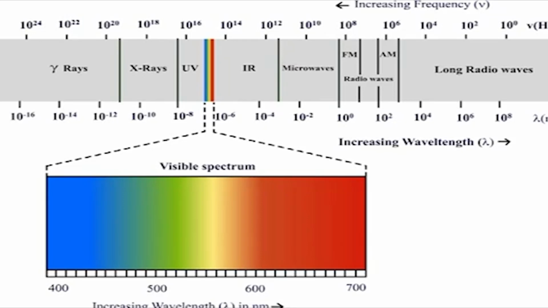Now, as I said, different radiations of the electromagnetic spectrum have been utilized in the biological sciences for a variety of purposes. The UV and visible regions, and a little bit of the IR region, are utilized for standard absorption spectroscopy.